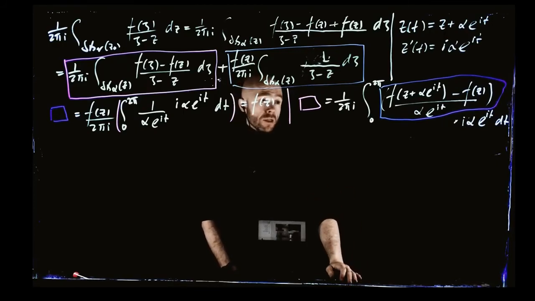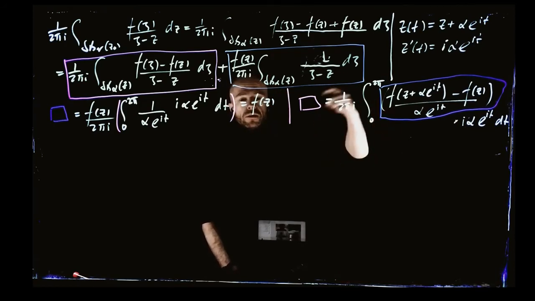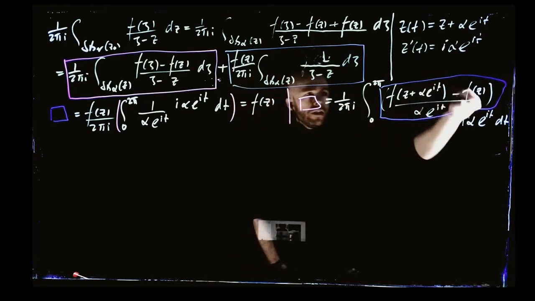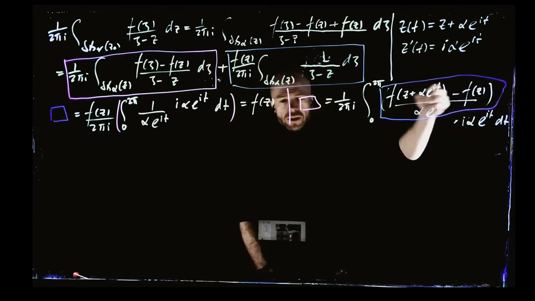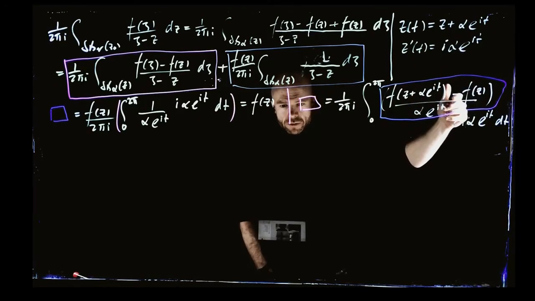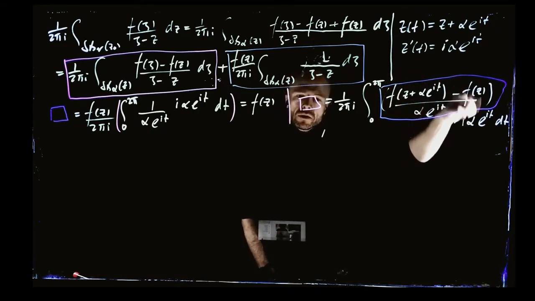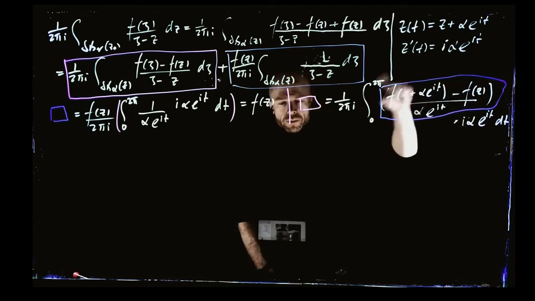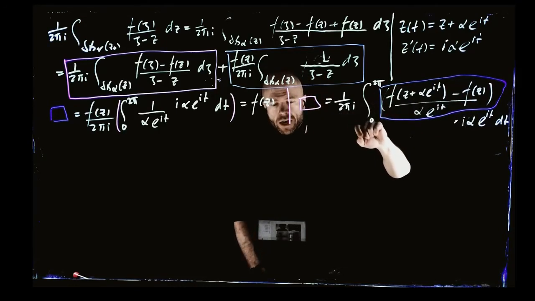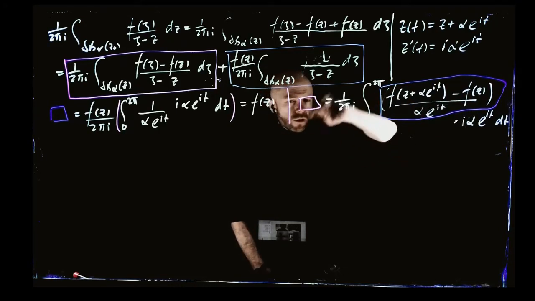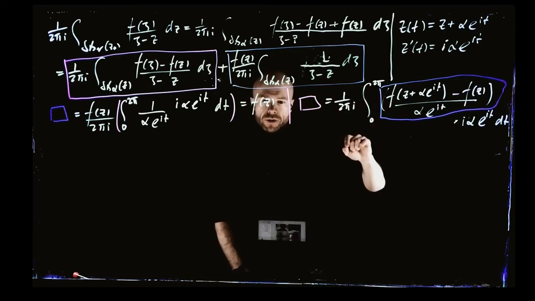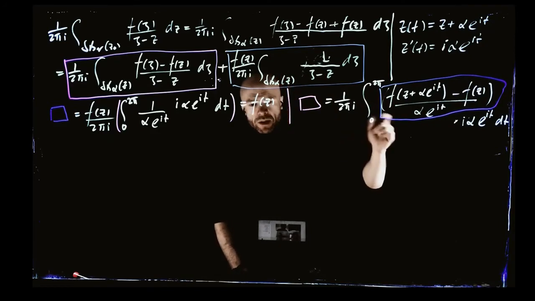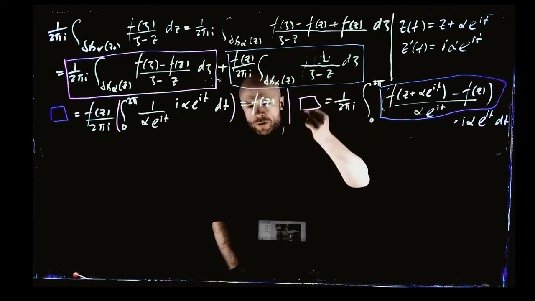So if we insist that alpha is small enough, then this thing minus f prime of z is less than any epsilon we want. And in particular, this thing will be a bounded function over the circle of radius alpha around z for some small enough alpha, because it's within epsilon of this particular fixed complex number, f prime of z.